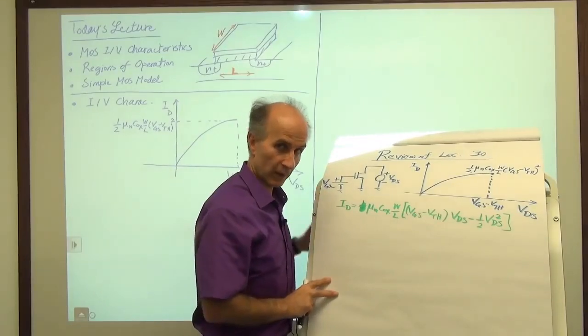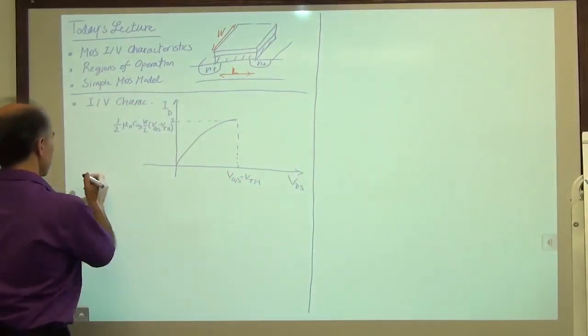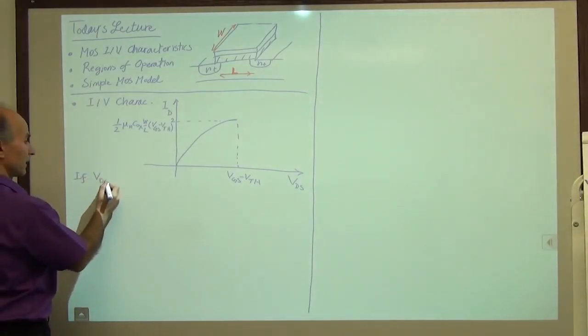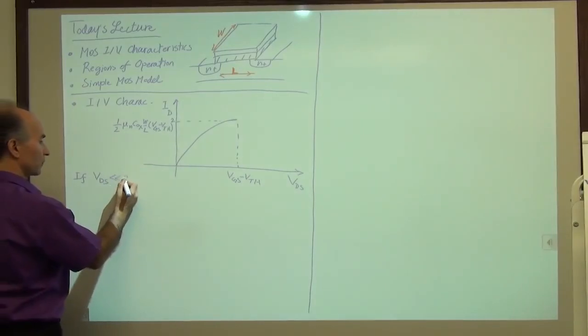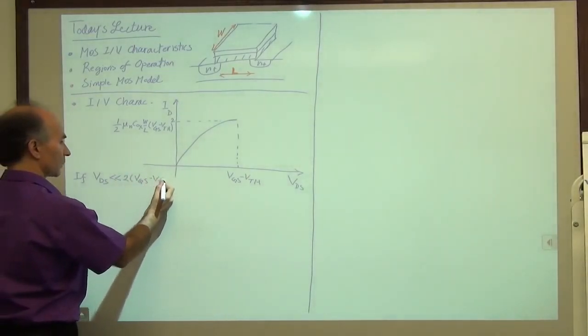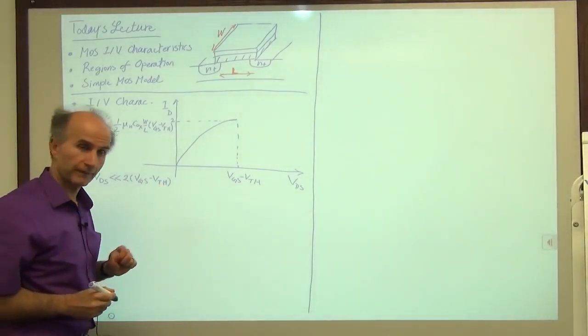All right? So let's consider a special case. If VDS is much less than 2 times VGS minus VTH, then the second term is negligible.